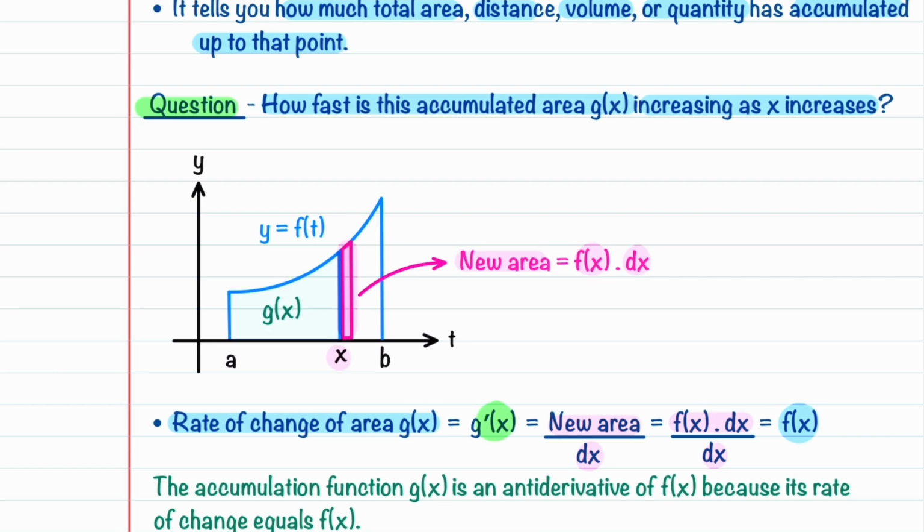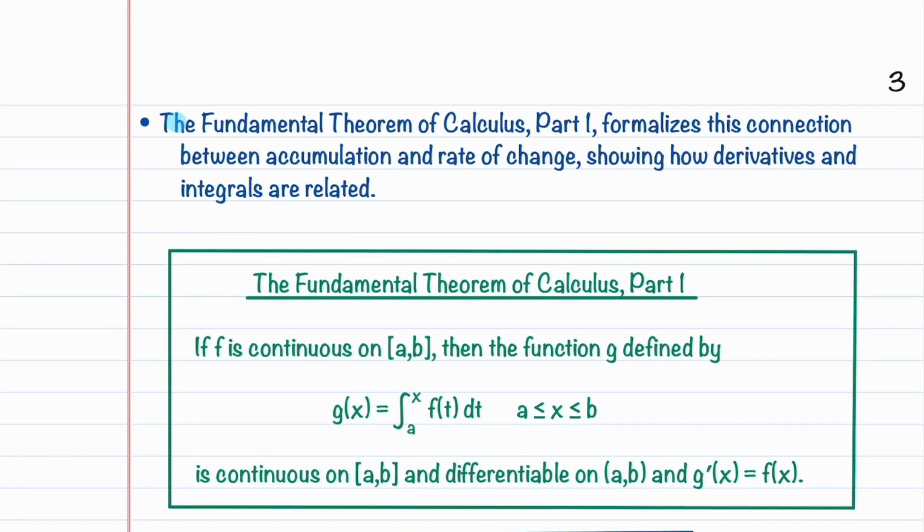So the rate of change of the area g of x is just f of x. The accumulation function g of x is an antiderivative of f of x because its rate of change equals f of x. The fundamental theorem of calculus, part 1, formalizes this connection between accumulation and rate of change, and it shows us how derivatives and integrals are related.